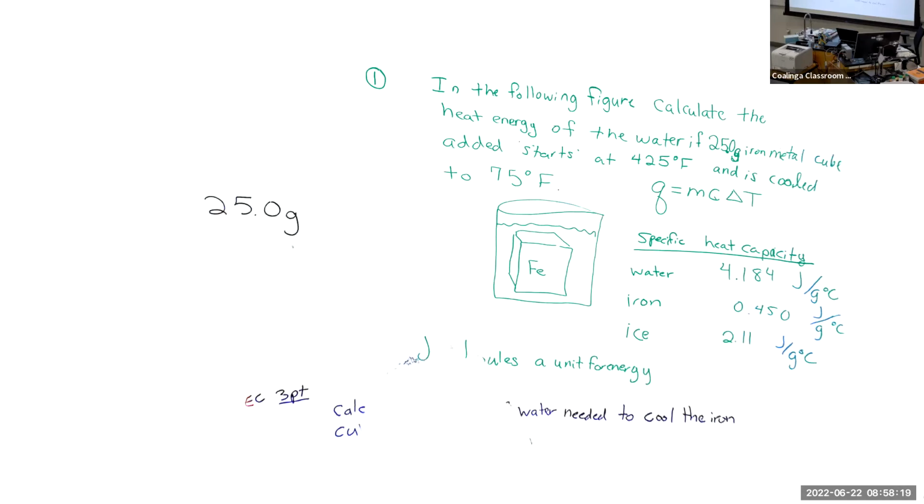That's gonna be my mass in this calculation. Okay, what's my C? The water, 4.184. Is it water? Well, it says calculate the heat energy of water.